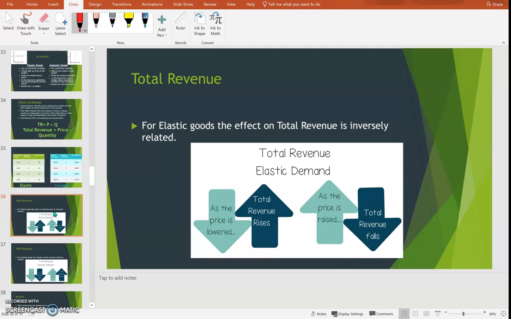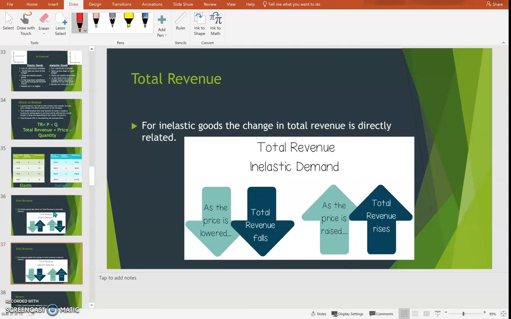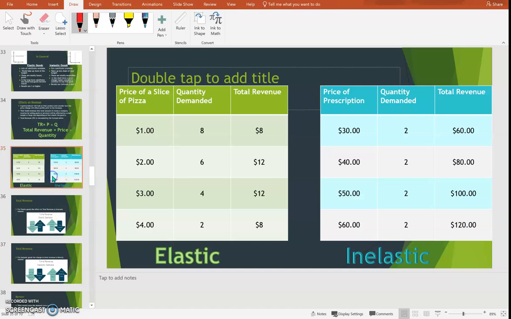This is just like our law of demand. However, if it's an inelastic good, the change in total revenue is directly related. So if the price is lowered, total revenue falls. The price goes up, total revenue rises. Just like what we see here. It doesn't matter. I'm going to keep raising my price. Quantity demanded will remain the same, and I'm going to continue to see profits no matter what I put that price at.